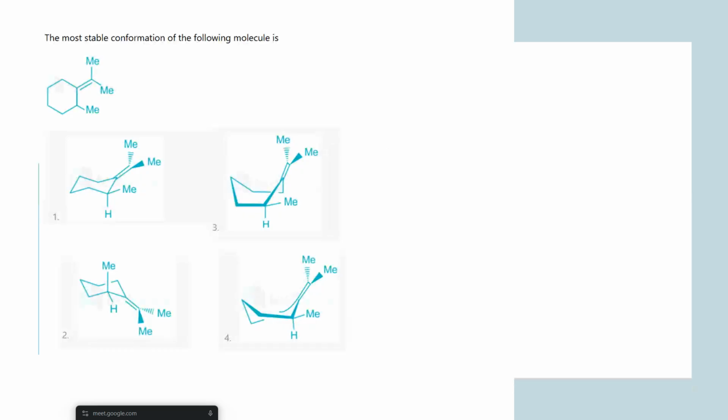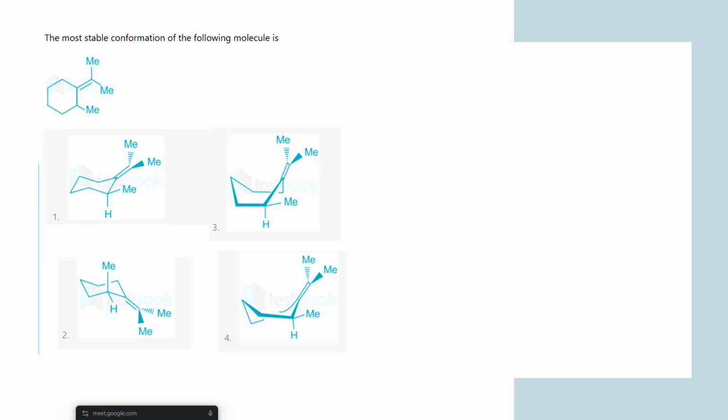As you can see in the structure, we have an exomethylene group in the first position, and this double bond also has 2 methyl substituents on the other side of the double bond. Moreover, in the second position of the cyclohexane ring, we can see a methyl substituent.